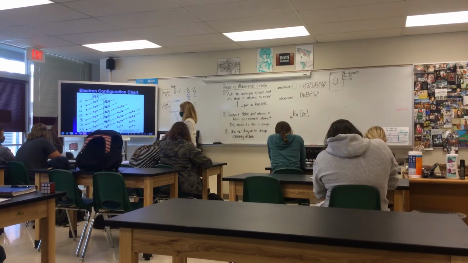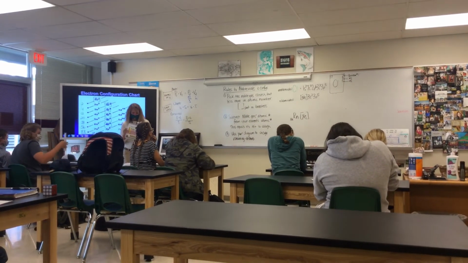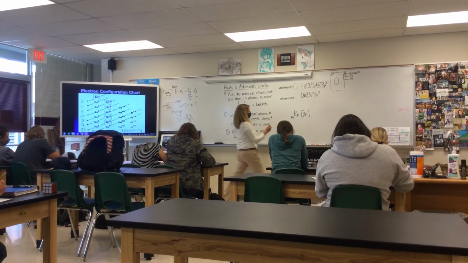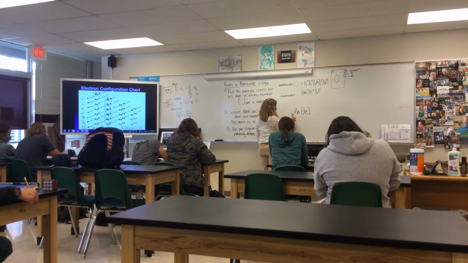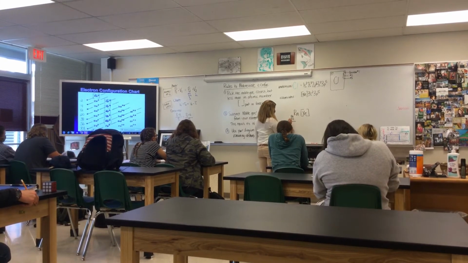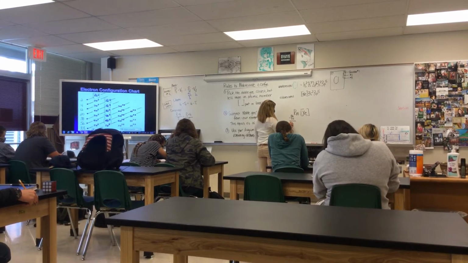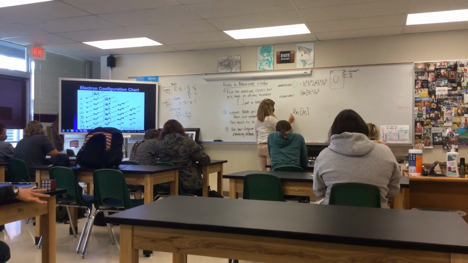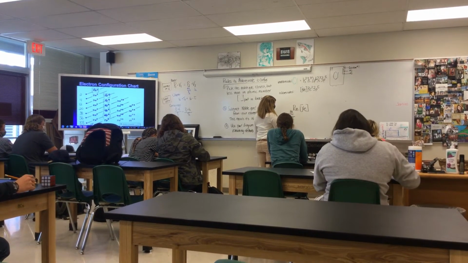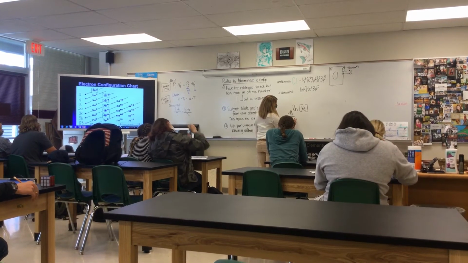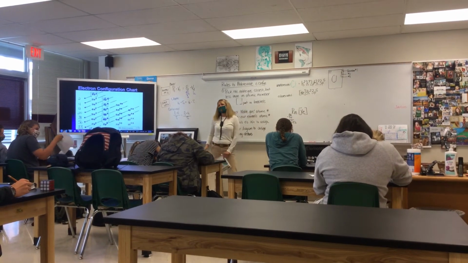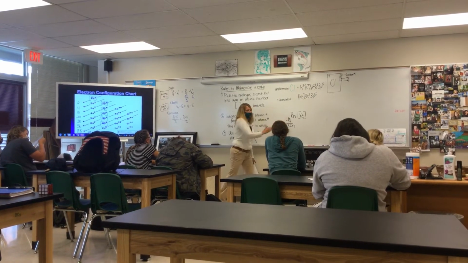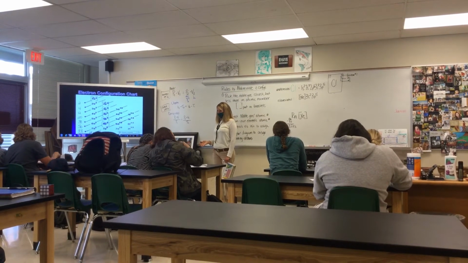What's xenon's number in your periodic table? 54. 86 minus 54 means how many electrons do we have left to assign? 32 extra electrons. I'll take assigning 32 electrons any day over doing the full 86, right?